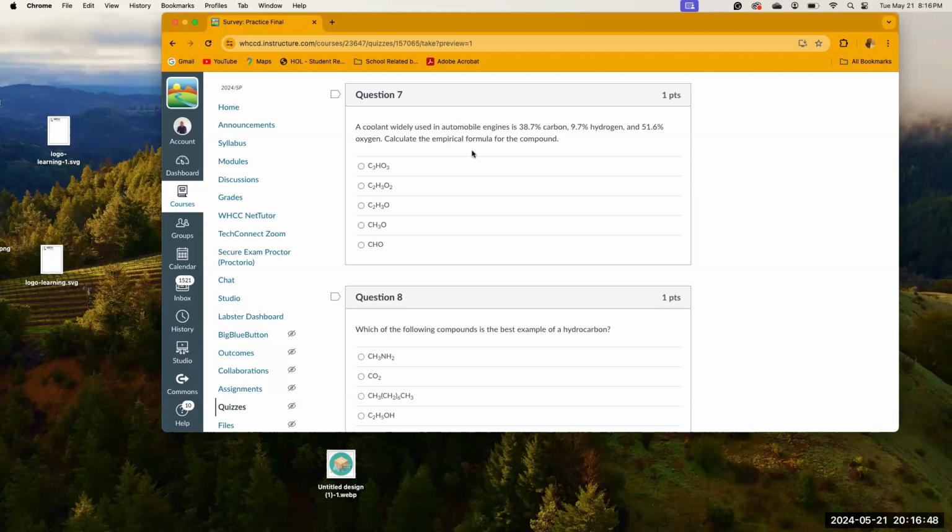So we're going to assume that we have 38.7 grams, because if we assume 100 grams of our compound, that means 38.7 grams of it will be carbon. And then we're going to use the mass of our carbon. Carbon weighs approximately 12 grams per 1 mole.